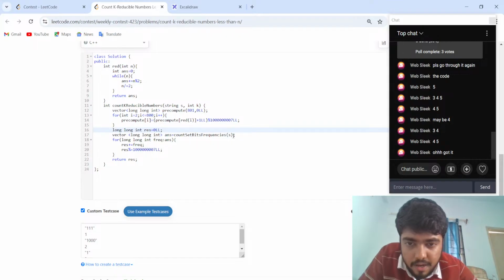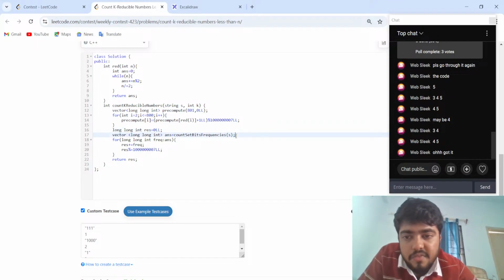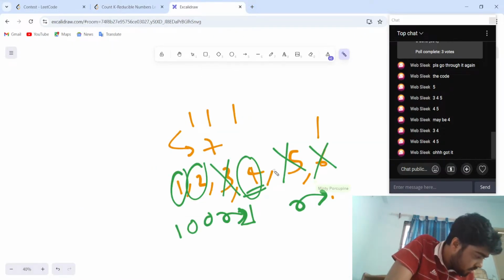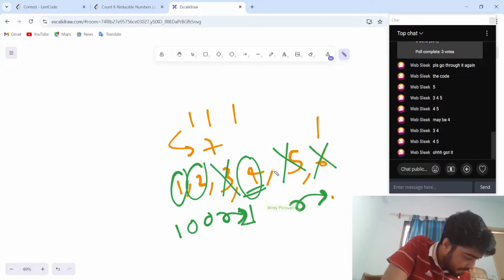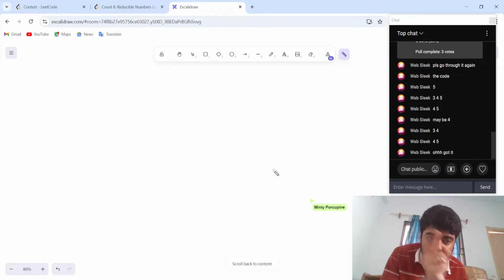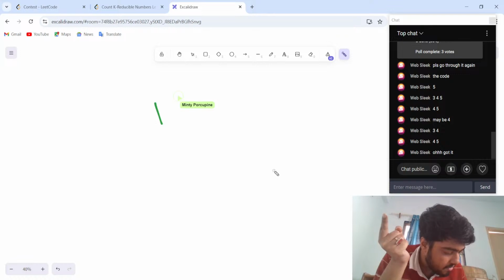Then we are going to find out the count set bits frequency. What is it? I'll explain. Look at this right here. Let's say you've got some count set bits. You're at a specific position. What were we taking as an example? It was 111, that is 7, right?